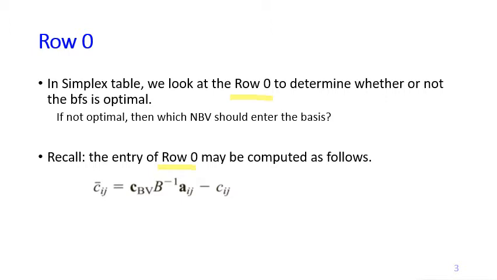For example, if our variable is xij, then the coefficient of xij in row 0 equals cBvB inverse times aij minus cij. The c hat ij here shows the value of the variable xij in row 0 of the simplex table.